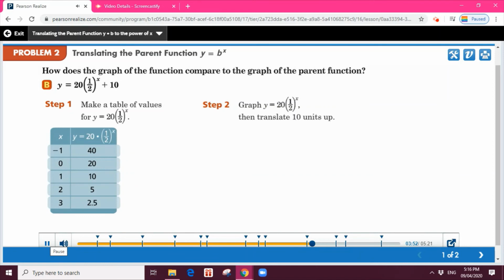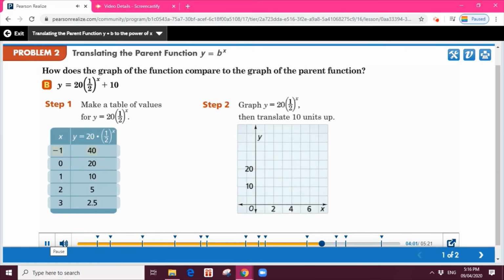Step 2. Graph y equals 20 times 1/2 to the x power, then translate the graph 10 units up. You've now graphed the function y equals 20 times 1/2 to the x power. Now, translate the graph 10 units up.